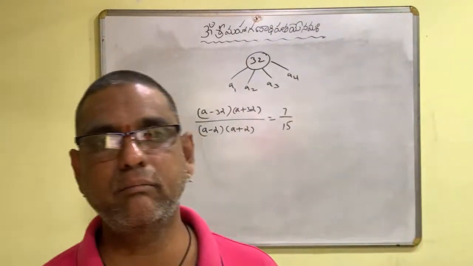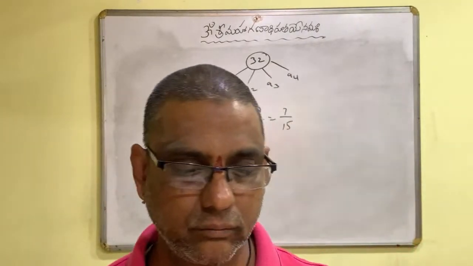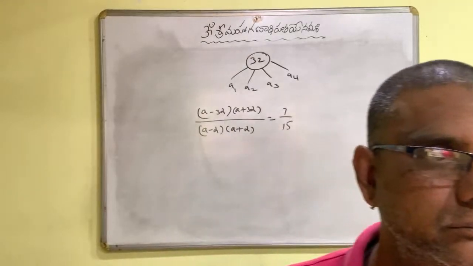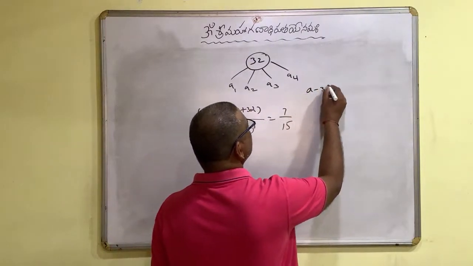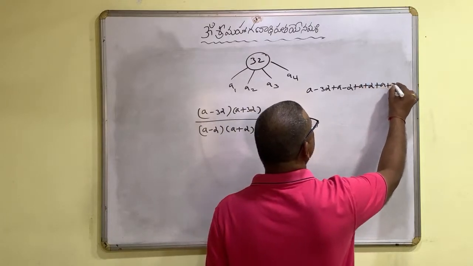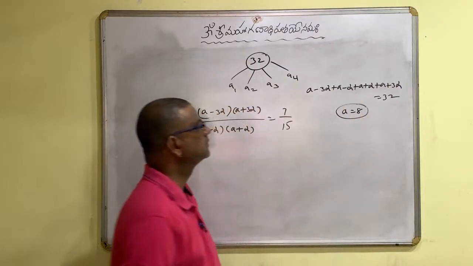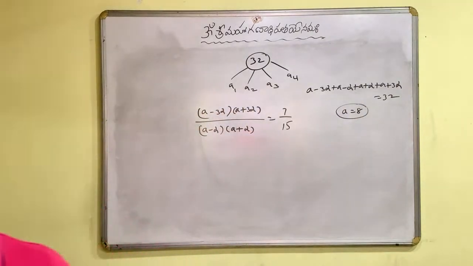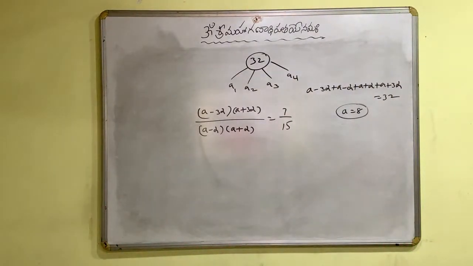The sum is A minus 3D plus A minus D plus A plus D plus A plus 3D. We have 32, so automatically A is 8. Now children, find out D.